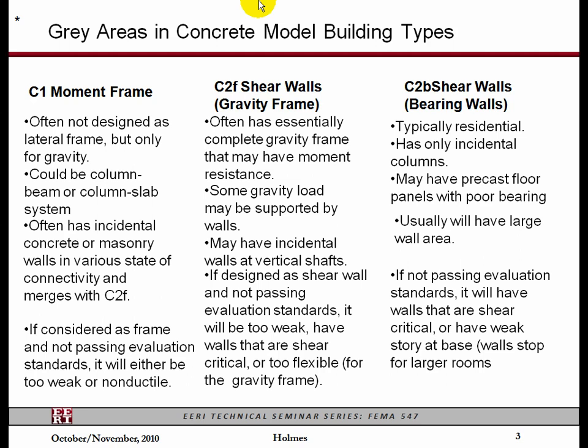If the shear wall building does not pass the standards, it probably is also too weak, or the walls may be shear critical, and will degrade very quickly, or if it's a taller building, the shear walls will probably be too flexible, and you'll end up with too much drift for the gravity frame to handle. If the bearing wall doesn't pass your evaluation standards, it's probably that they're shear critical, or you might have a weak story at the base because some of the walls stop for the lower room.